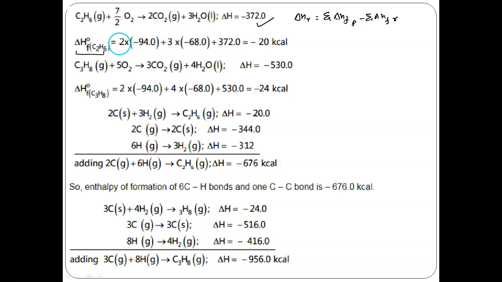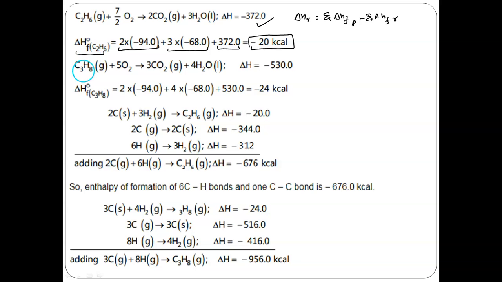So from there we can find the heat of formation of C2H6, which is twice into minus 94 plus 3 into minus 68 plus 372, on just putting the values. So we get heat of formation of C2H6 as minus 20 kilocalories, right?